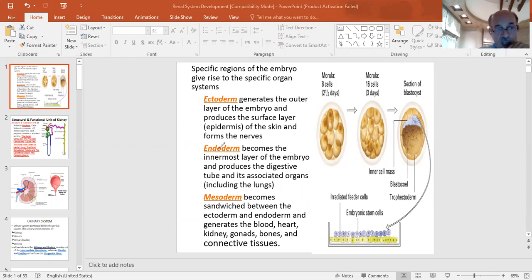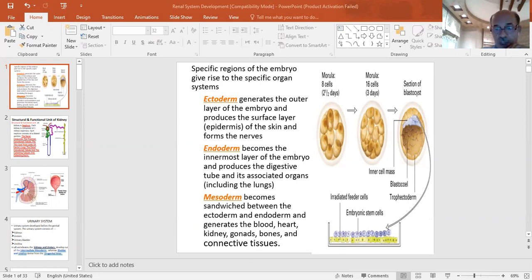All right, the second aspect which I want to remind you is that to appreciate the development, you have to study what you call the histology.